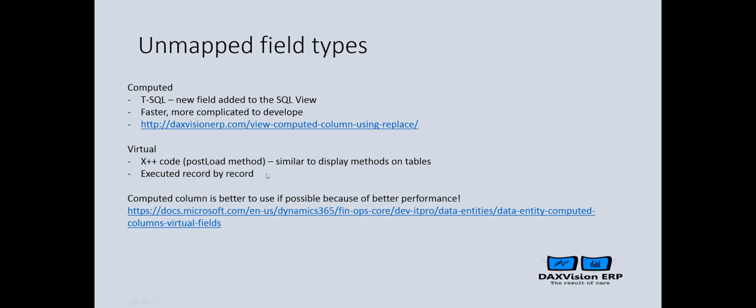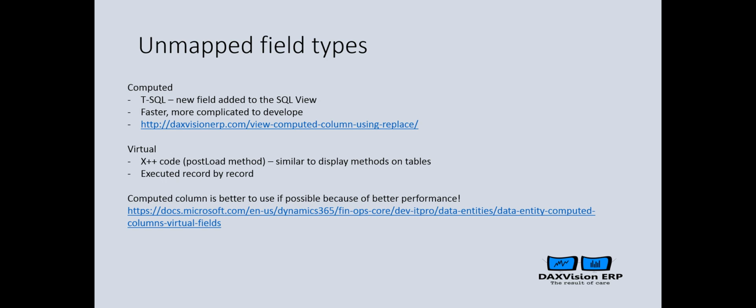The virtual field is different. Virtual field doesn't have a representation in the database. It is an X++ code that you put in the postload method of the data entity, and it is similar to display methods of tables. So it is executed record by record, and it has some effects on the performance.